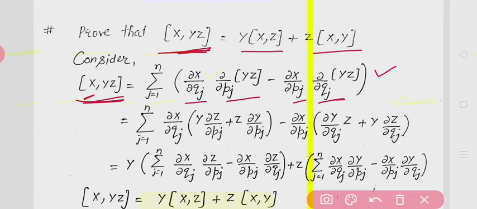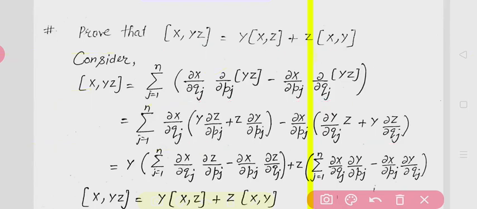Now that term is as it is, and when you take the partial derivative of yz, what will it be? Partial derivative of y into z, you just apply the product rule over there. Right, and minus this one, again apply the product rule over there. Right. When you apply the product rule, now you can check what this is.